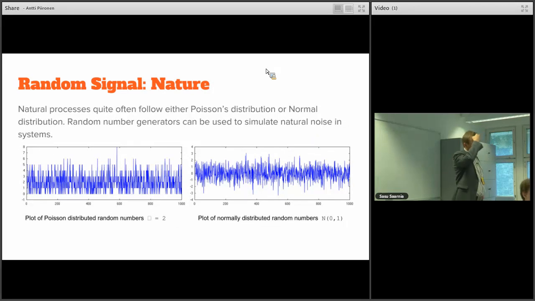There are two kinds of processes basically in nature. One is the flipping of the coin. It happens or it doesn't, so you get Poisson's distribution in small numbers of that kind of events. And then there are also the normally distributed random numbers.